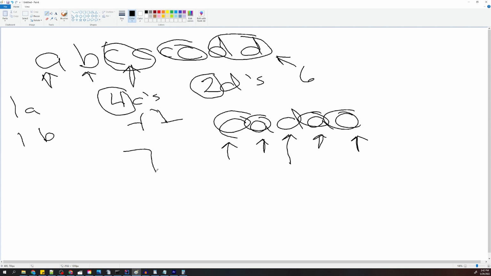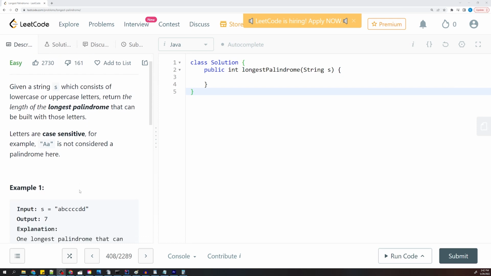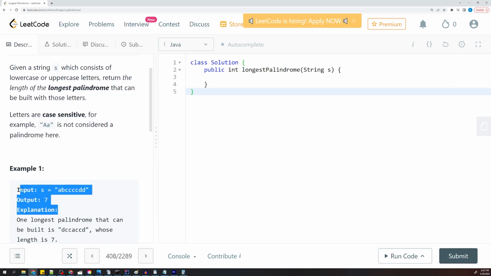Okay, and so 7 would be our answer because we would add it to that 6. Okay, so let's go ahead and get straight to the code. And if we look at that, the output would be 7 because of that logic I just explained.